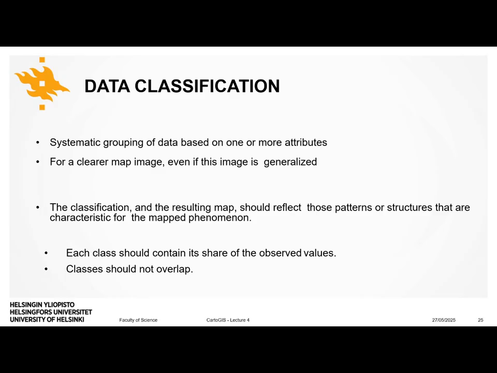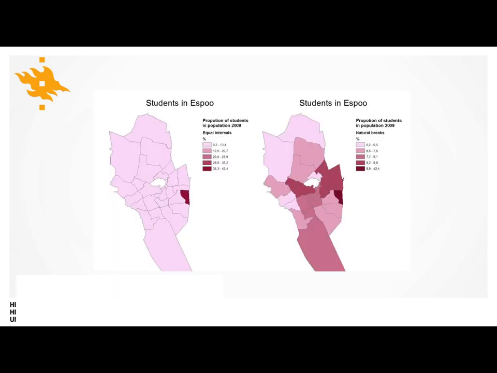One mistake that I've seen already a few times in your submissions, and it happens quite often, is the overlap between classes. There is no overlap here, but very often people put classes like 6 to 12, 6 to 13, 13 to 20. So where is 13 exactly?